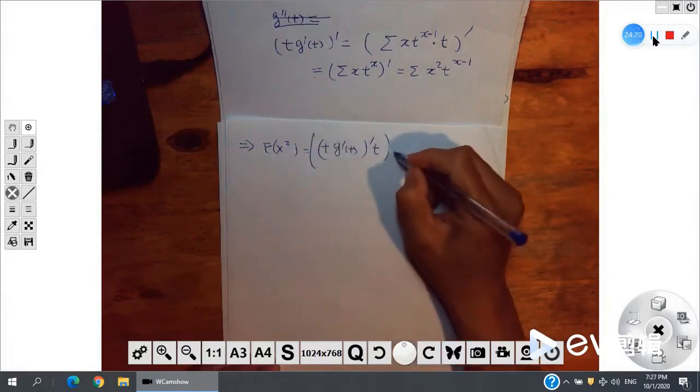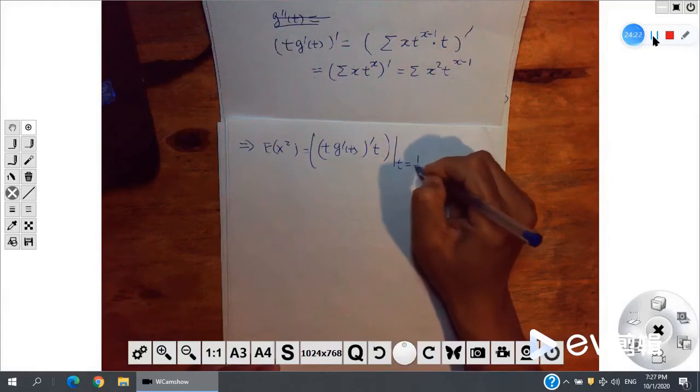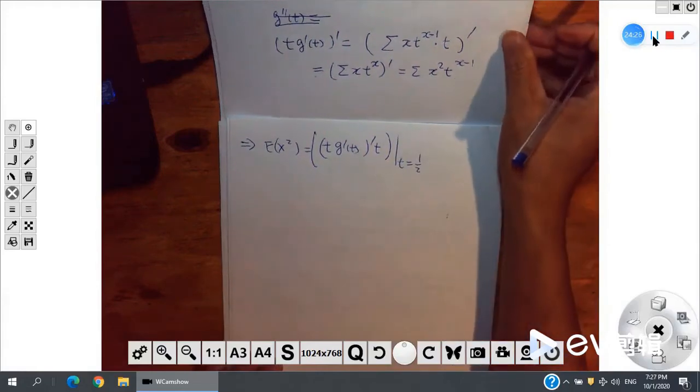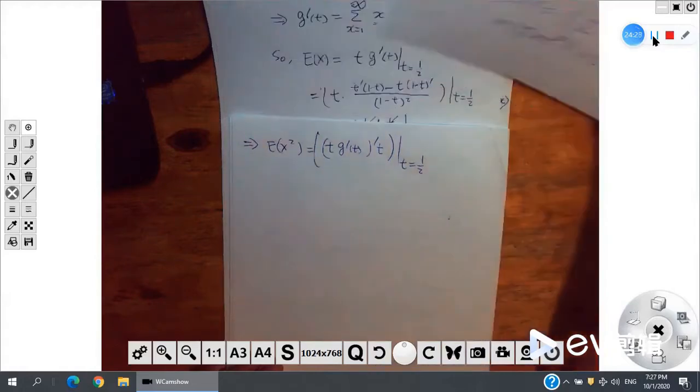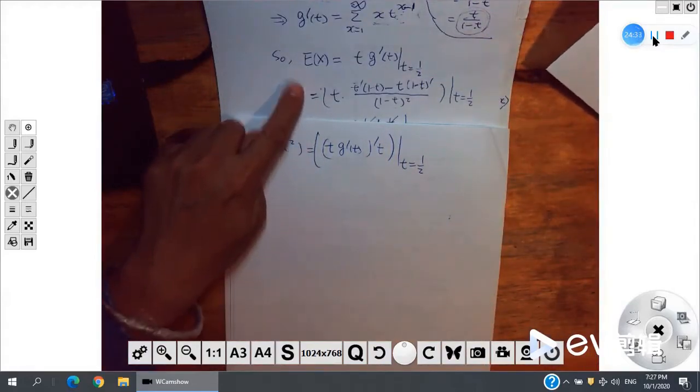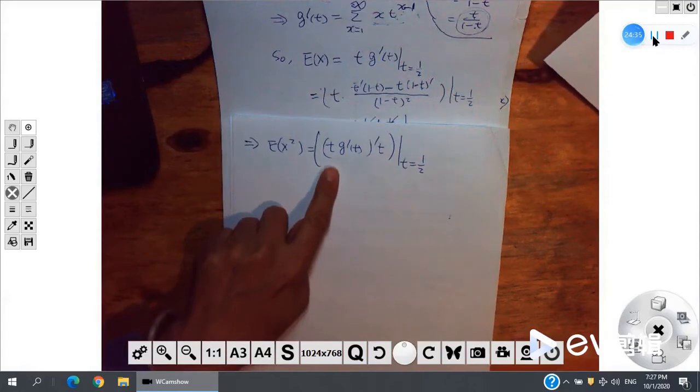And what is t? t is equal to 1/2. Similar to the method to find E of X, right?